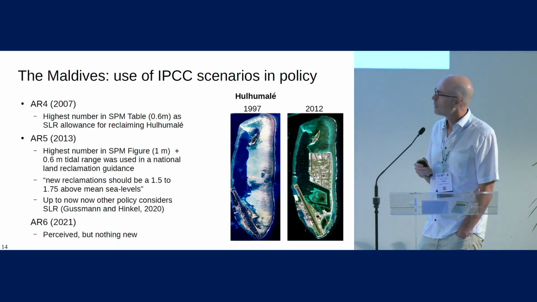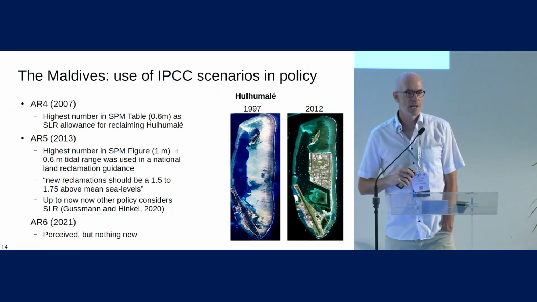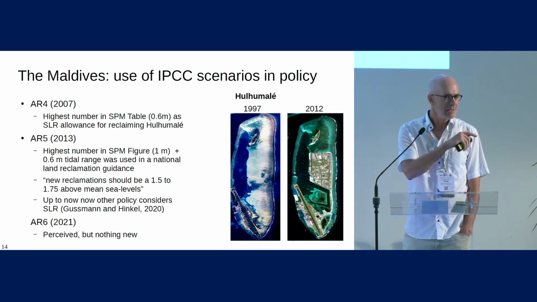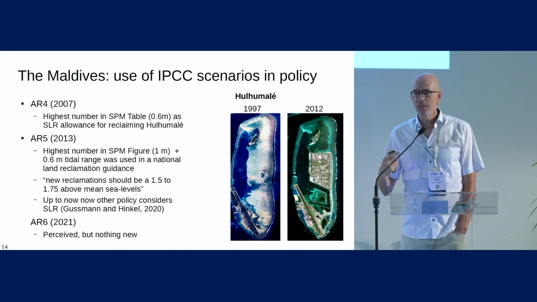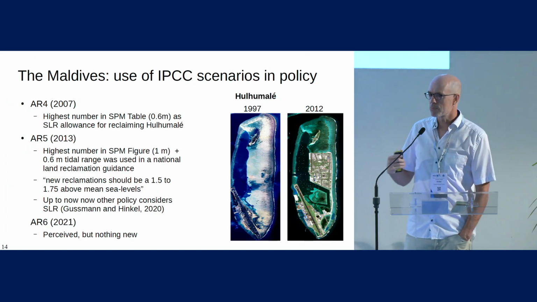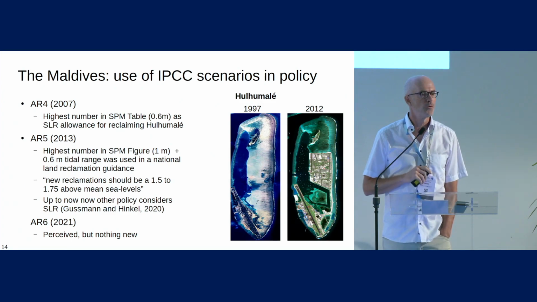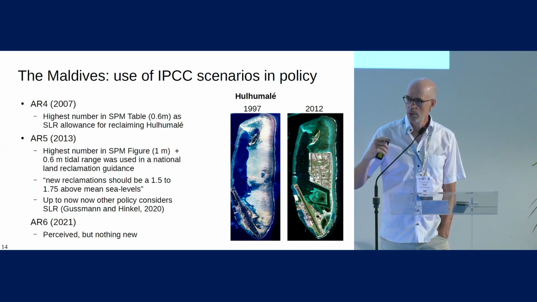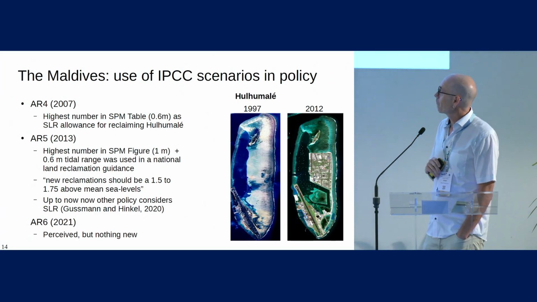This island was actually reclaimed at 60 centimeters higher than the normal height of the capital island. Supposedly, there are different stories, but some stories point towards this 60 centimeters coming from RR4, because that was the highest number under the worst-case scenario in the table.